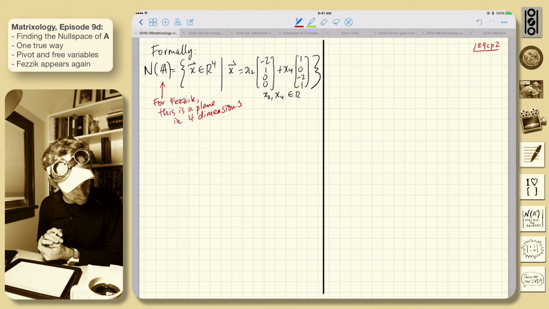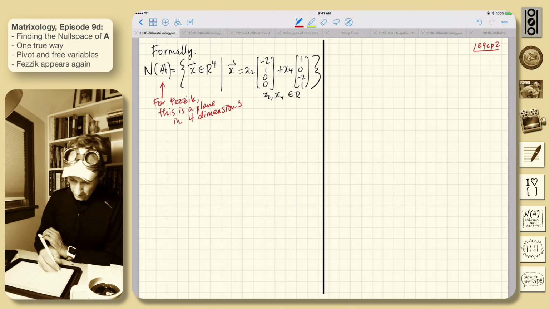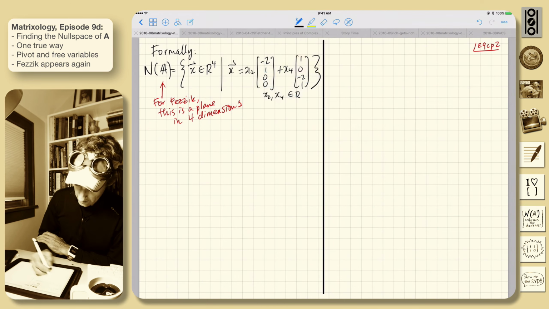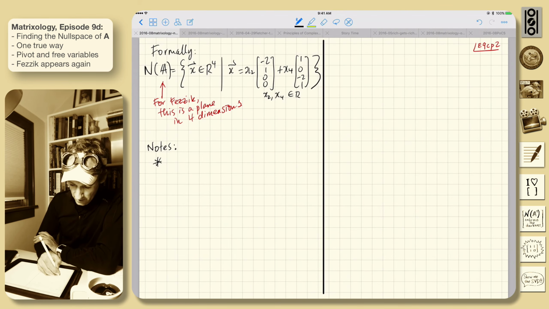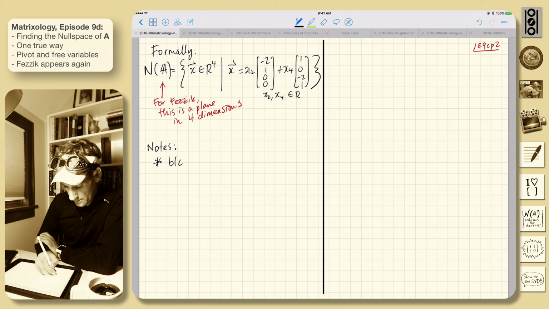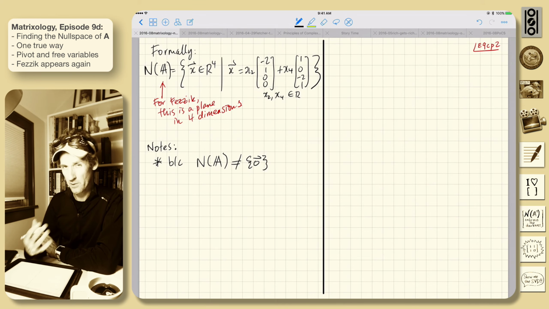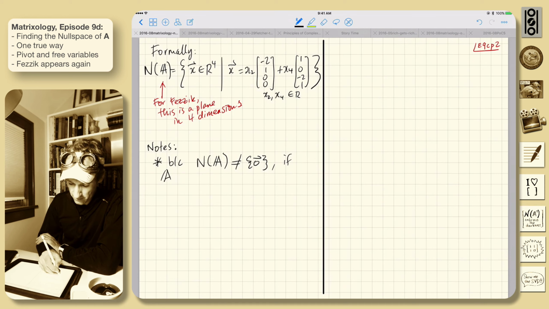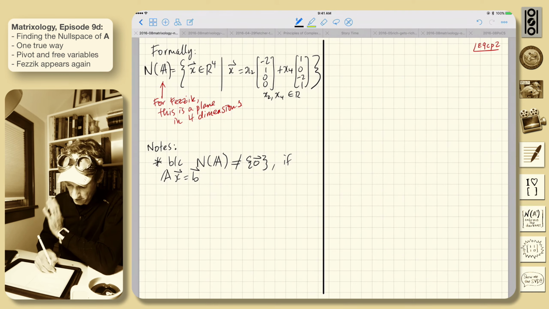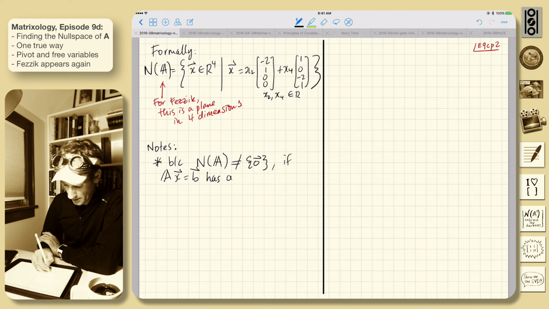This is something we have to note, just 2 notes. So because the null space of A is not just 0, right? There's some substance there. If AX equals B has a solution, which means what about B?